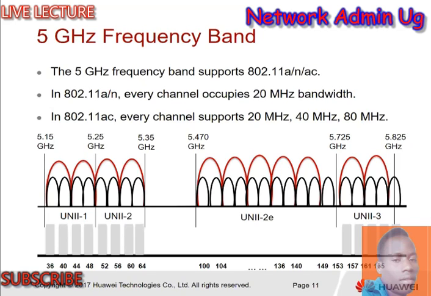For example, you can bind 20 megahertz to form what we call 40 megahertz, but also that can be binded to form 80 megahertz, and also that could be binded to form the 160 megahertz band of non-overlapping channels. So this increases the bandwidth and also makes the communication have no interference whatsoever.